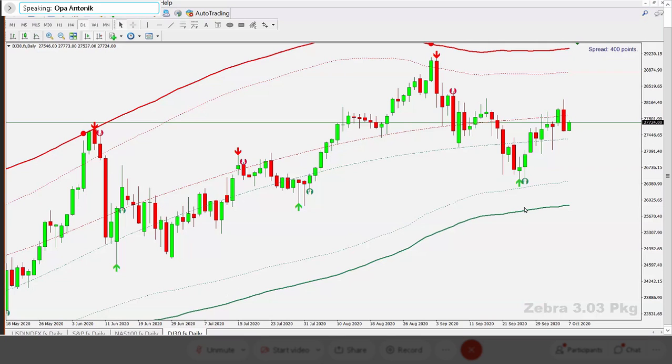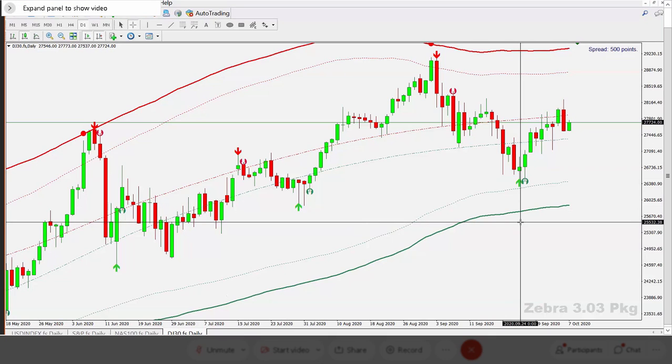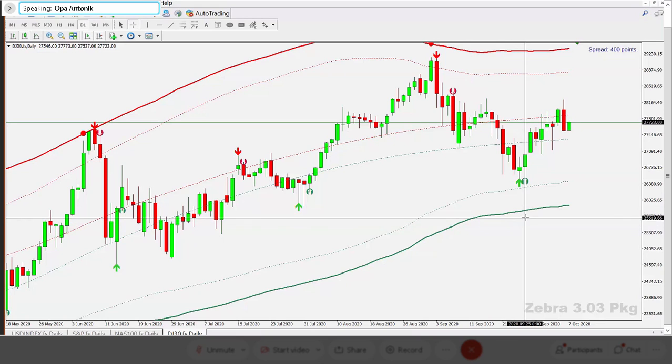So on this date here, let's see, I got to get my magnifying glass, on the 24th, we didn't get a dot, but we did get an arrow, and that was followed on the 25th by a confirmation that said price is likely to move up.